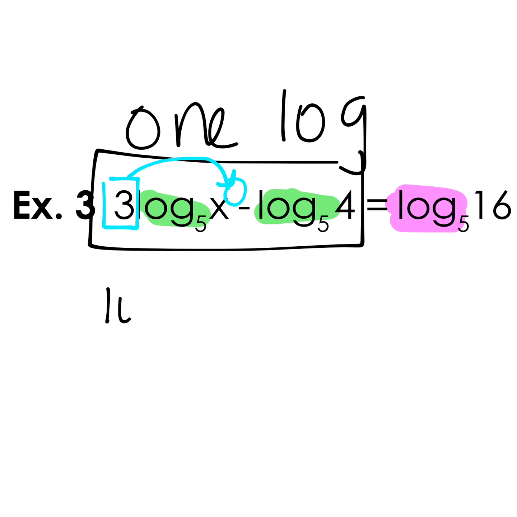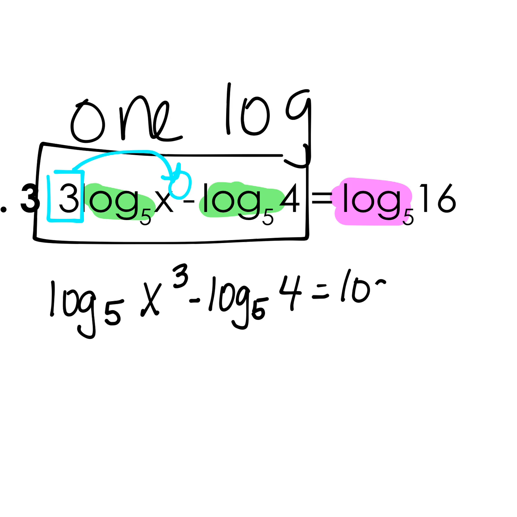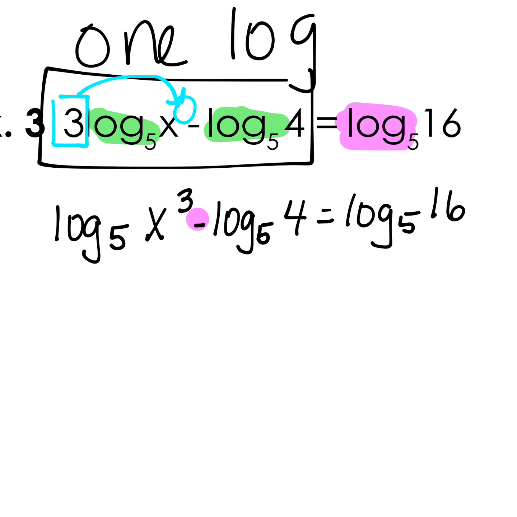So I'm just going to rewrite it so that we can see it. x to the third minus log base 5 of 4 equals this thing on the right, which states log base 5 of 16. Okay, so now we have that negative, and remember, what did we say about the negatives? We've got to think division.